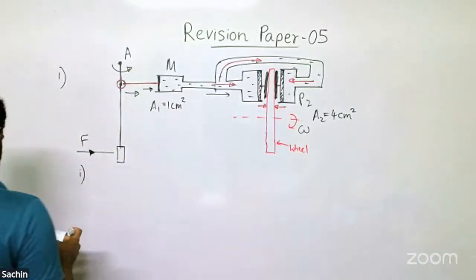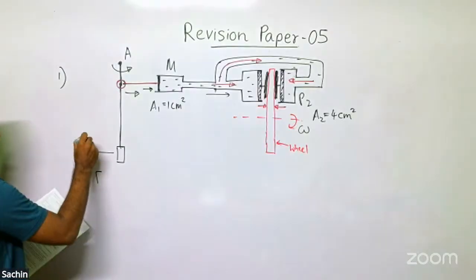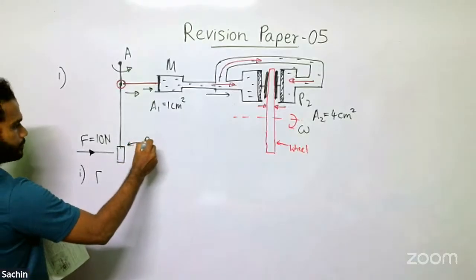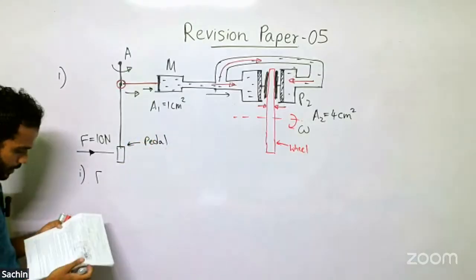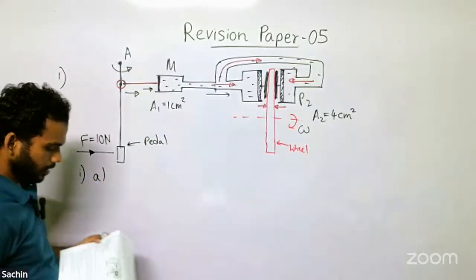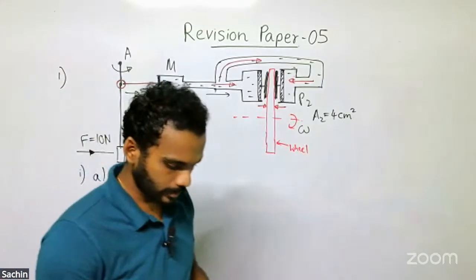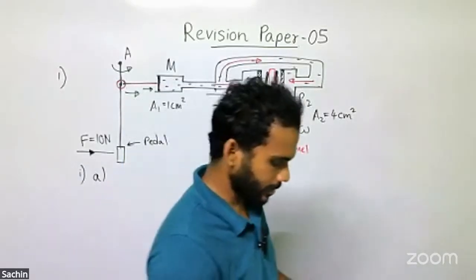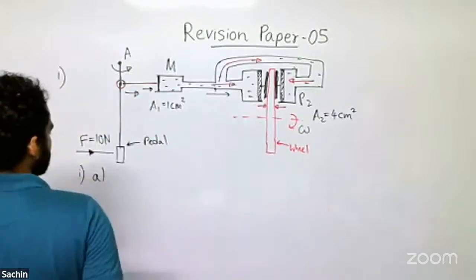If F equals 10 Newton, so this person is applying 10 Newton force on the pedal. So this is the pedal. What is the force F1 applied on the piston P1? The required distances are marked in the figure here.